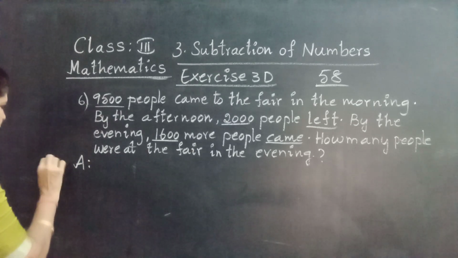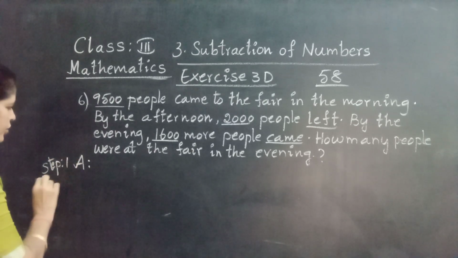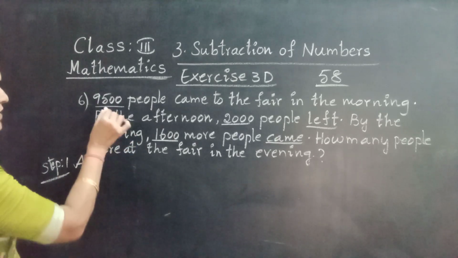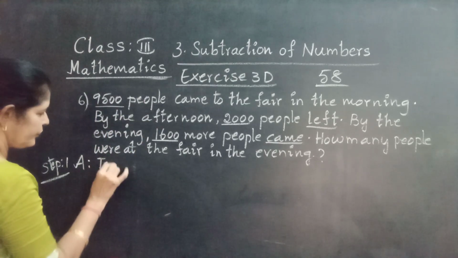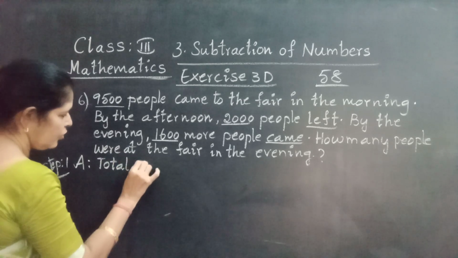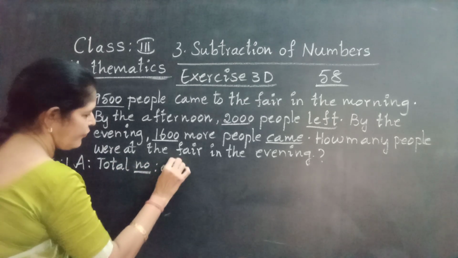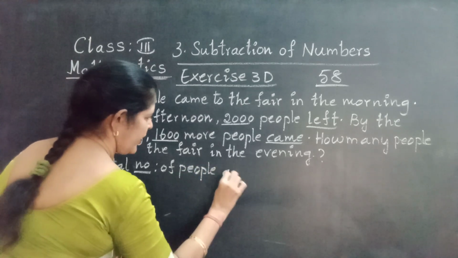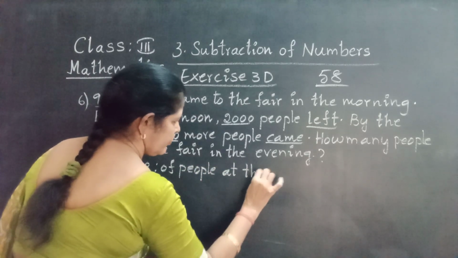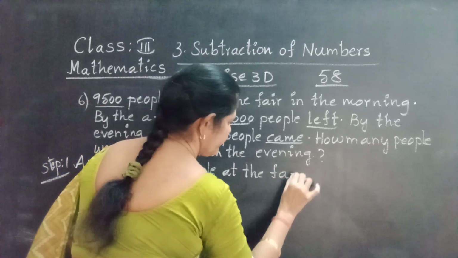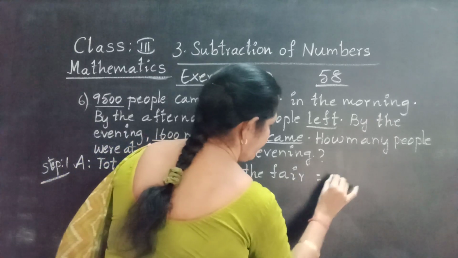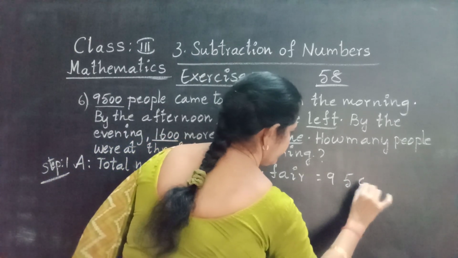Step 1. Here we follow two steps. Step 1 goes to subtraction. See, total number of people at the fair. How many? This number, 9,500.